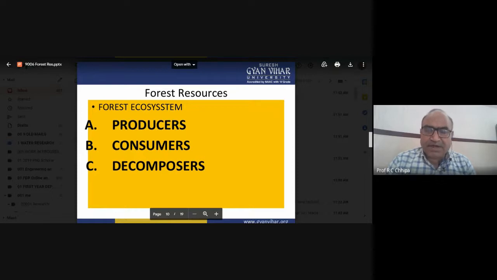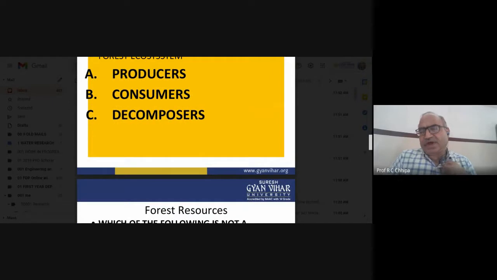The land is related with the producer, then we have the consumer, and then lastly we have the decomposers. The decomposers' role is also important and relevant. For example, in case of the ant, what happens? The ants consume a big amount, and they are the scavenger of that particular area, the cleaner.